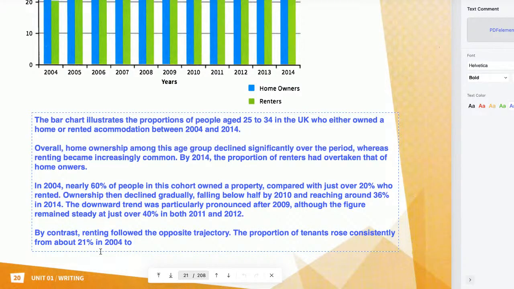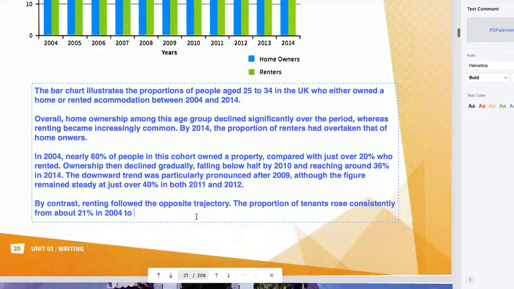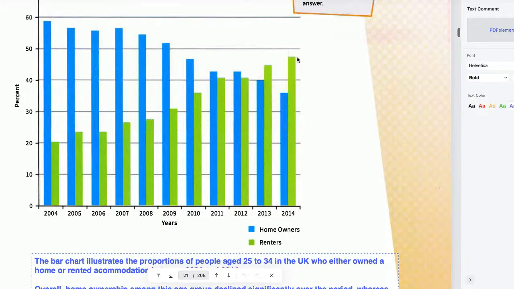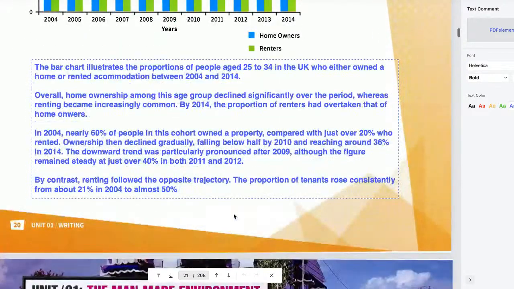Okay, to almost, yes, almost 50%. The green bar here in 2014, right? To almost 50%. In which year? In 2014. Okay, makes sense?